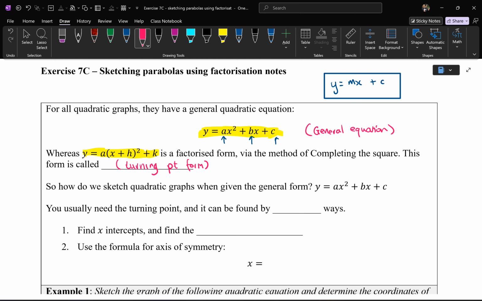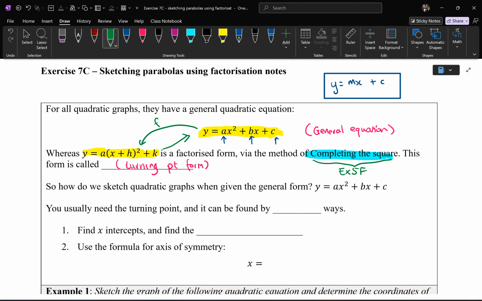You have to learn how to go between either forms, which is the next exercise. The next exercise uses completing the square, which is a technique you guys haven't learnt yet. Exercise 5F is what we're doing next, to bring a general form to a turning point form. And obviously, if you expand the brackets, you go back to general form.